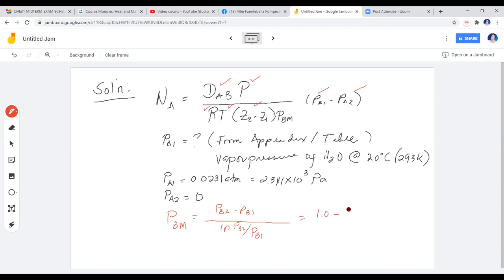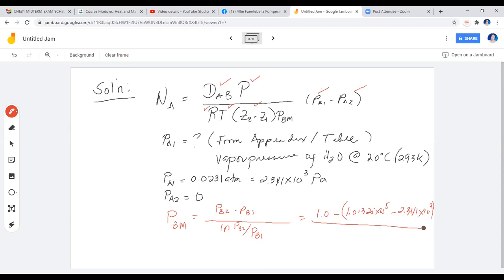The total pressure is 1.01325 times 10 raised to 5, and you subtract the 2.341 times 10 raised to 3. This now will be the partial pressure of B.